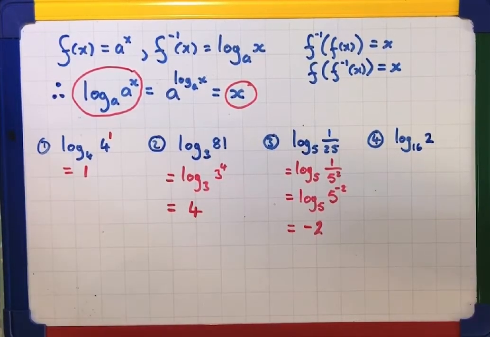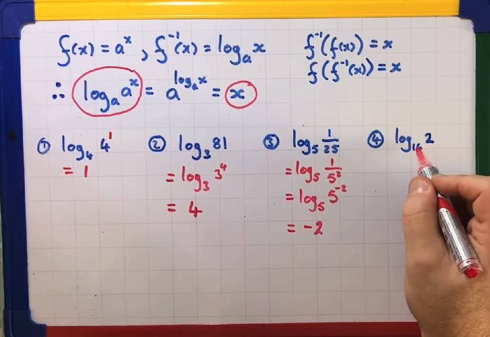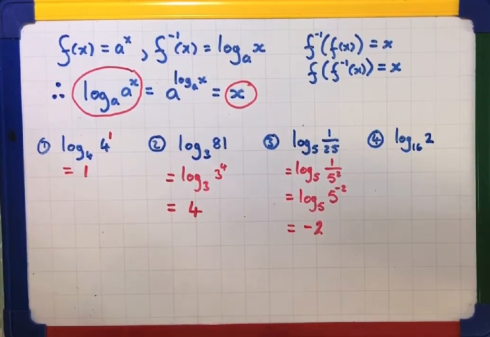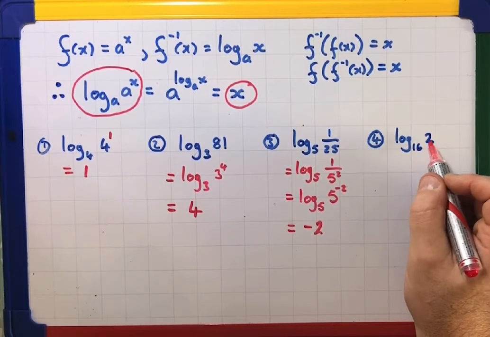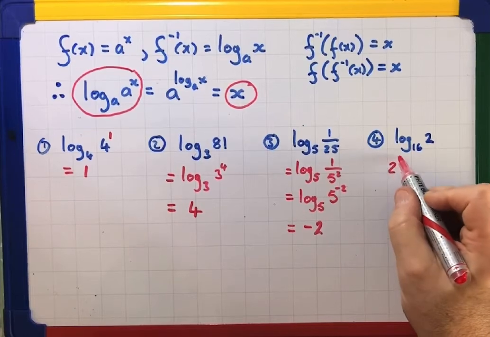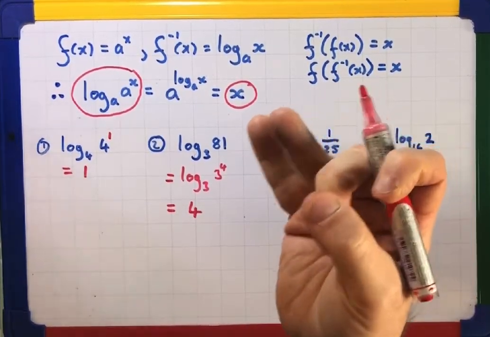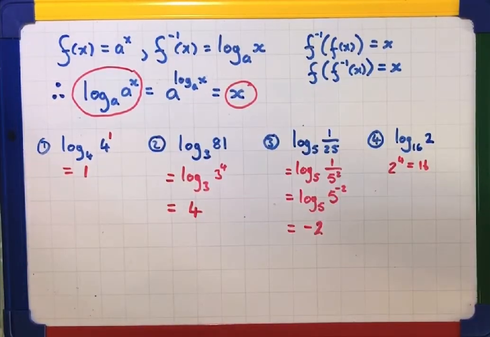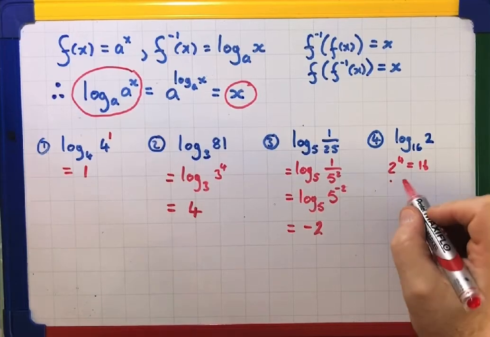Last one here is a little bit tricky, but if that's bigger than that, you should be thinking about roots. Let's do it: 2 to the power 4, you know, is 16, because 2, 4, 8, 16.